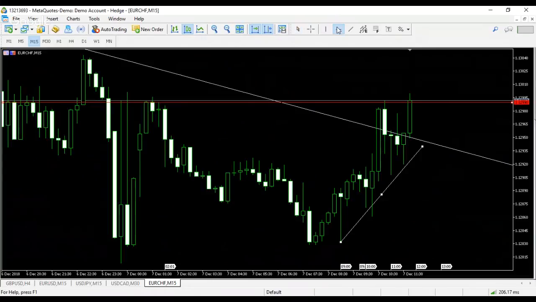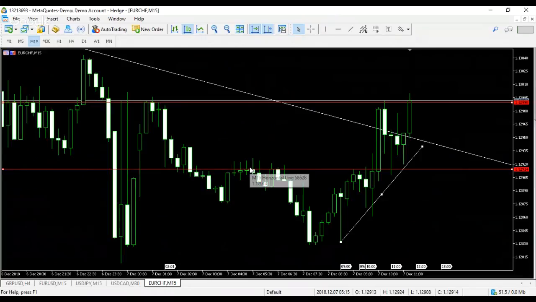The reason why I say there is because there's another support and resistance line here, meaning that if this comes here, we know that it must go up. That could be your second selling point.